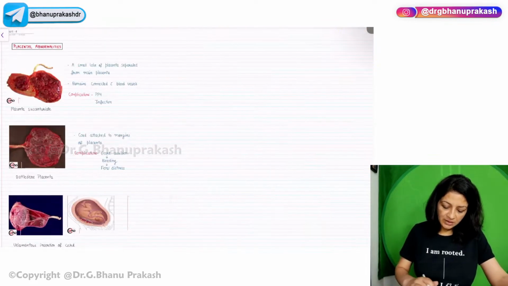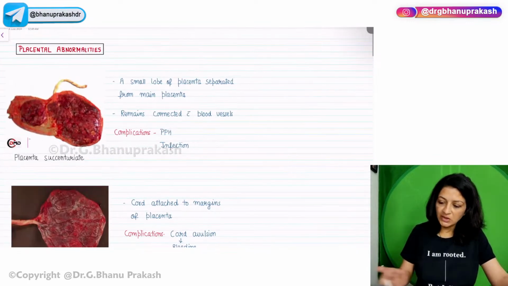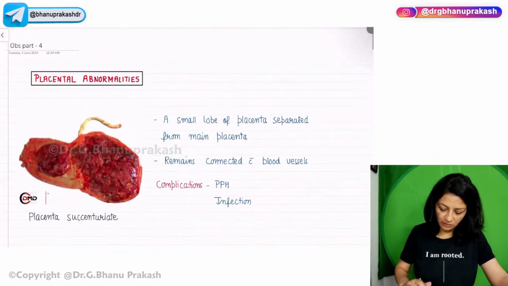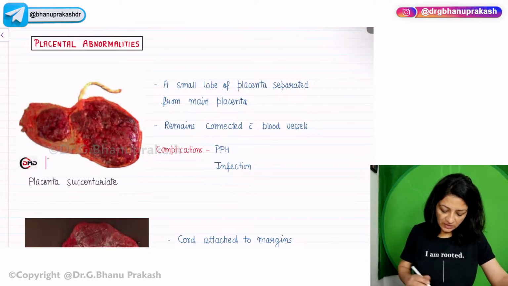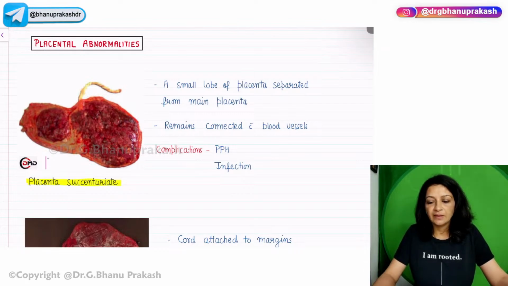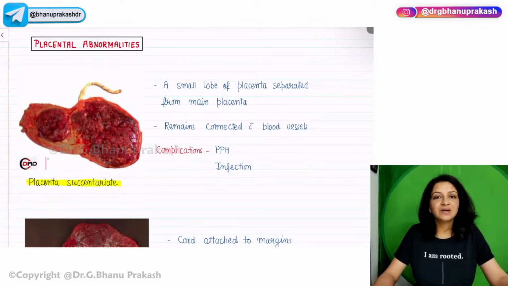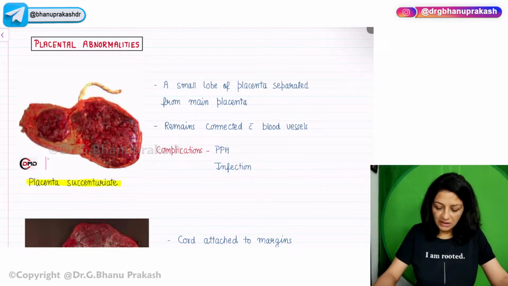So next topic, let's quickly revise this also: placental abnormalities. So first one is placenta succenturiata. A small lobe of placenta is separated from the main lobe.